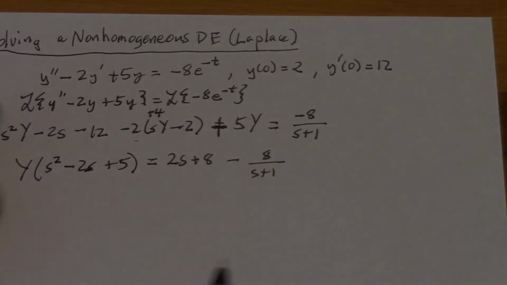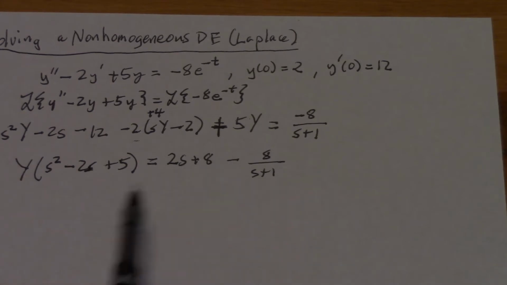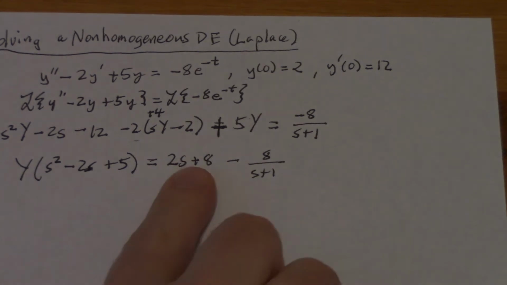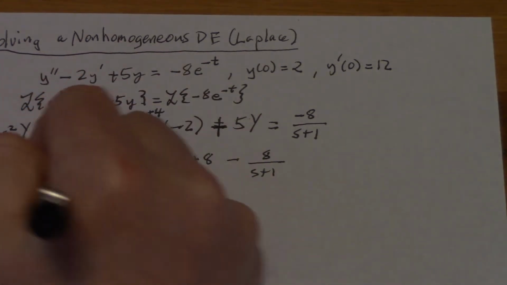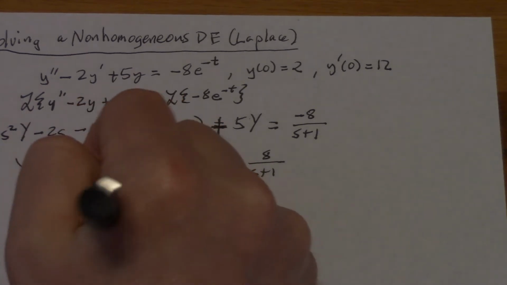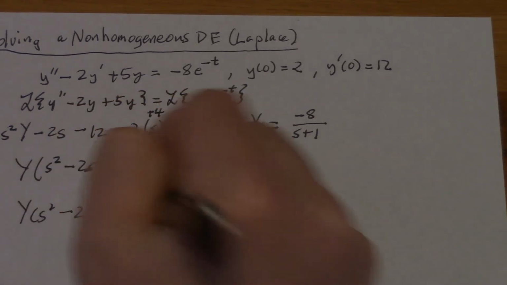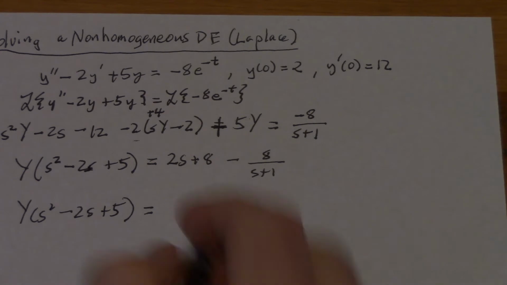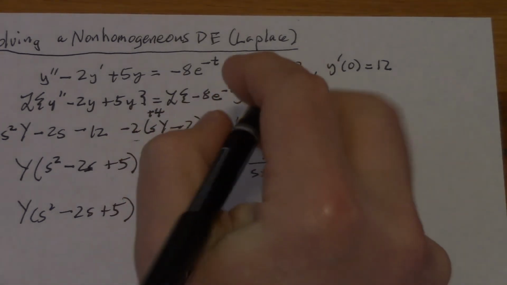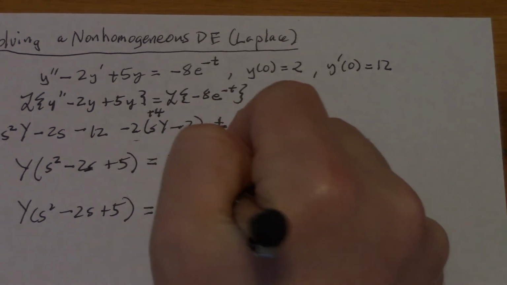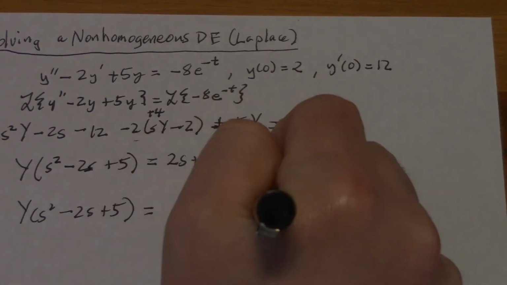Now, before we can go any further, we're going to want that to have a common denominator. So we're going to multiply this term by s plus 1 over s plus 1. And when we do that and stick it all together, we're actually going to end up with 2s squared plus 10s. The 8's are going to end up canceling.